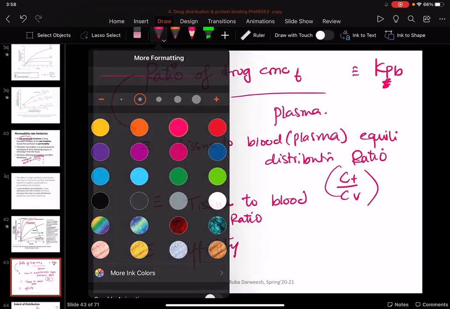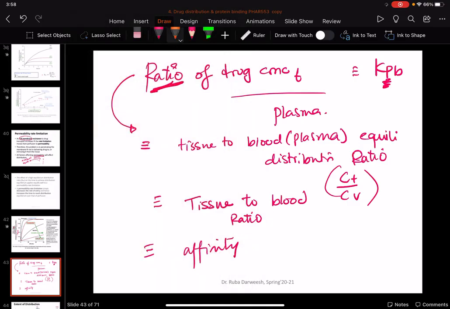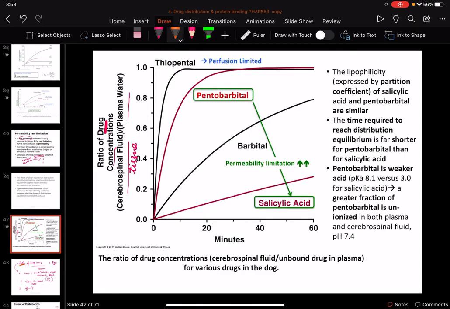First of all, it's a ratio, so it's unitless. It gives us the idea of the affinity of the drug in tissue compared to the blood, and we have it on the y-axis. Again, we will talk about this ratio in a couple of minutes.